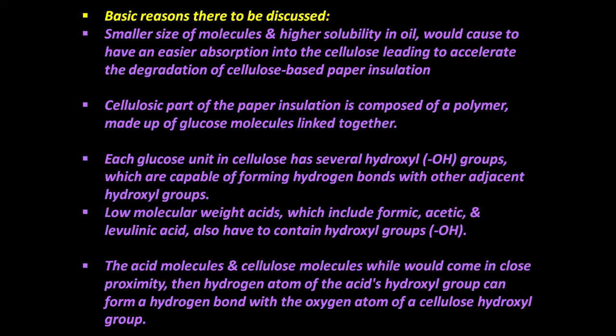Low molecular weight acids, which include formic, acetic, and levulinic acid, also contain hydroxyl groups. When the acid molecules and cellulose molecules come in close proximity, the hydrogen atom of the acid's hydroxyl group can form a hydrogen bond with the oxygen atom of a cellulose hydroxyl group.